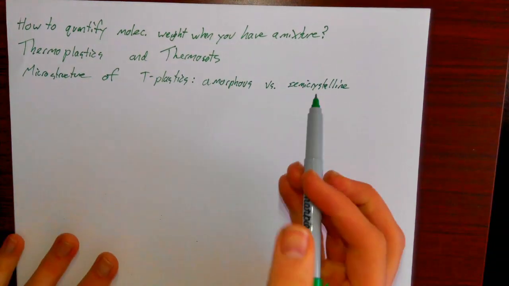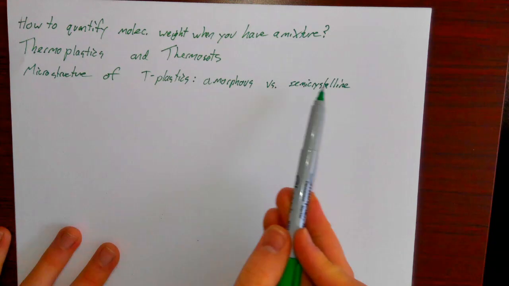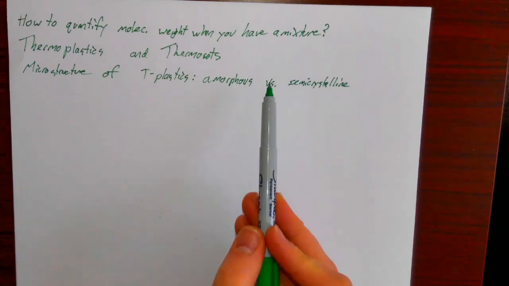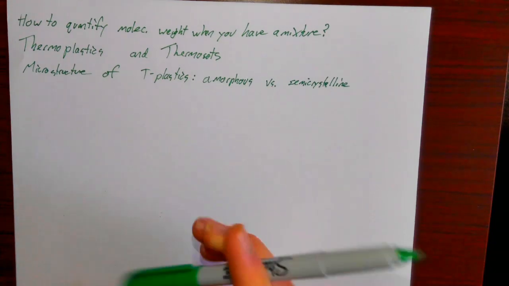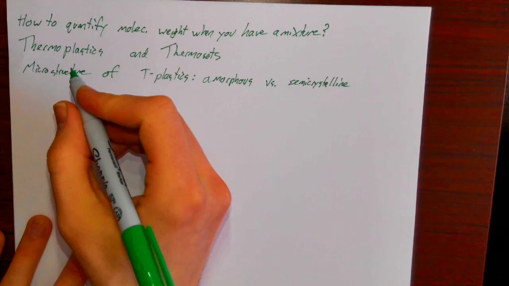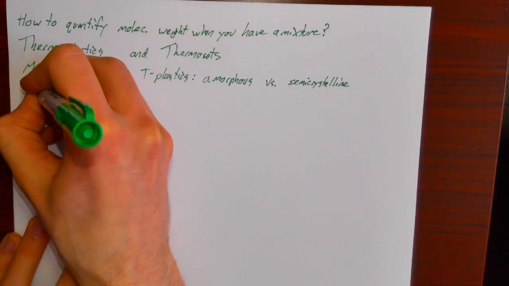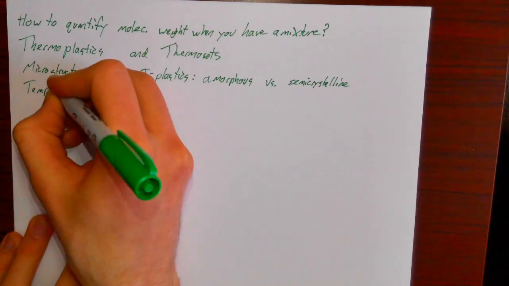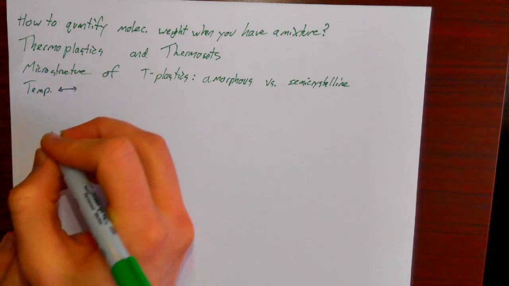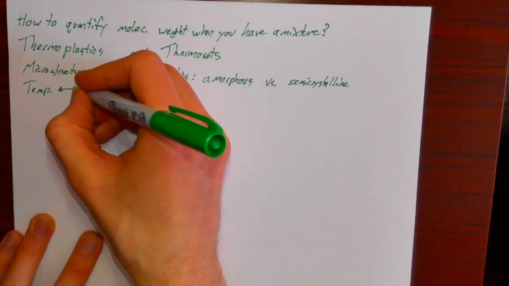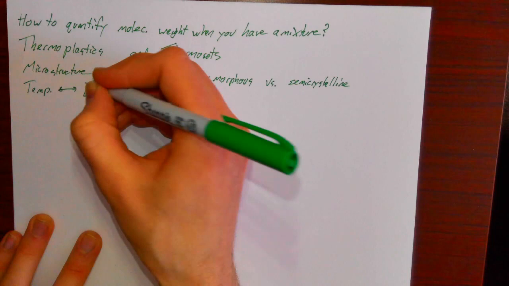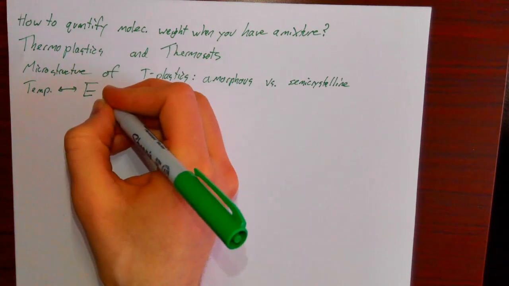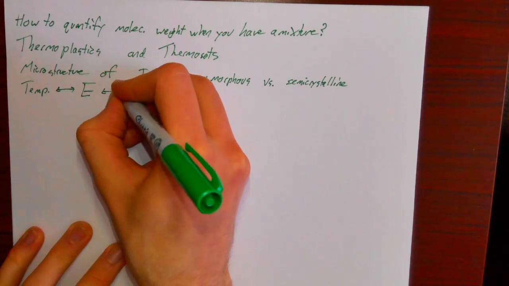Basically, these are the two microstructures that exist. We're then going to make connections between temperature, mechanical properties, in particular the stiffness or Young's modulus, and the microstructure.